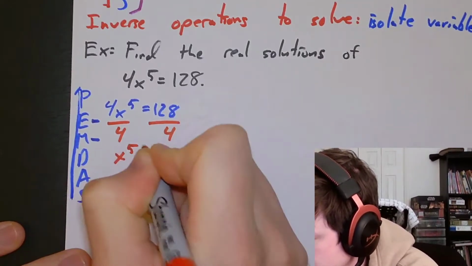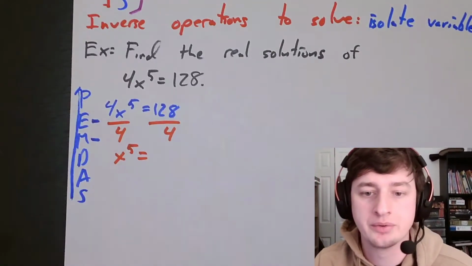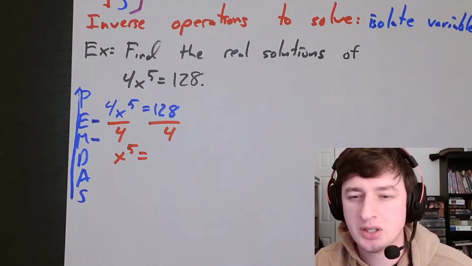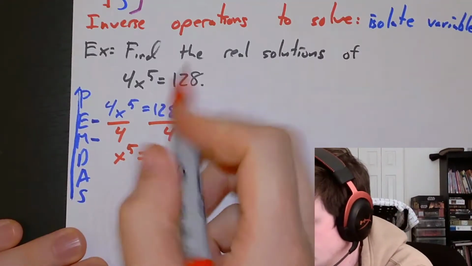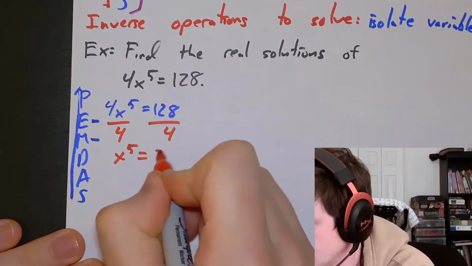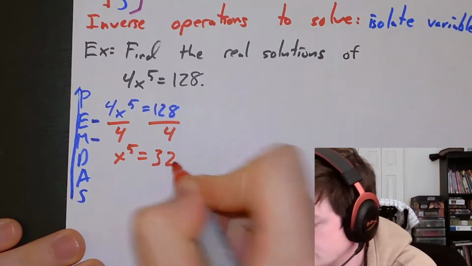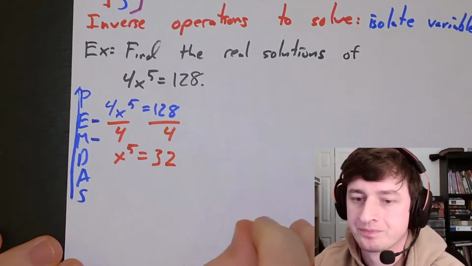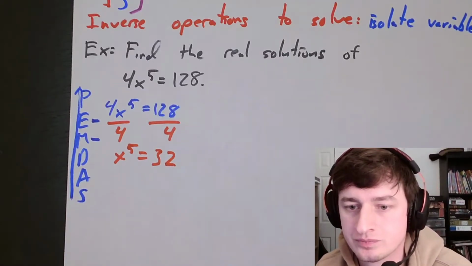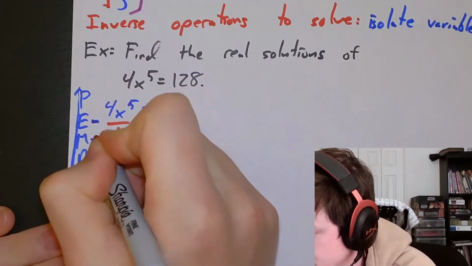So x to the fifth equals, actually I can do that in my head, 32. 12 divided by 4 is 3, 8 divided by 4 is 2, 32. So I did this multiplication step.